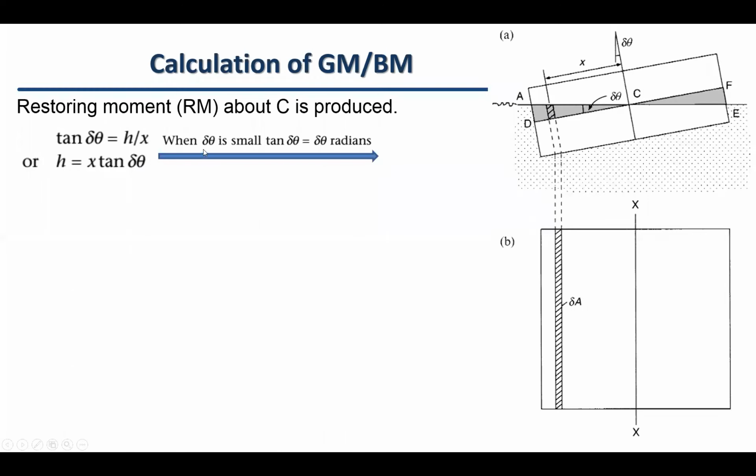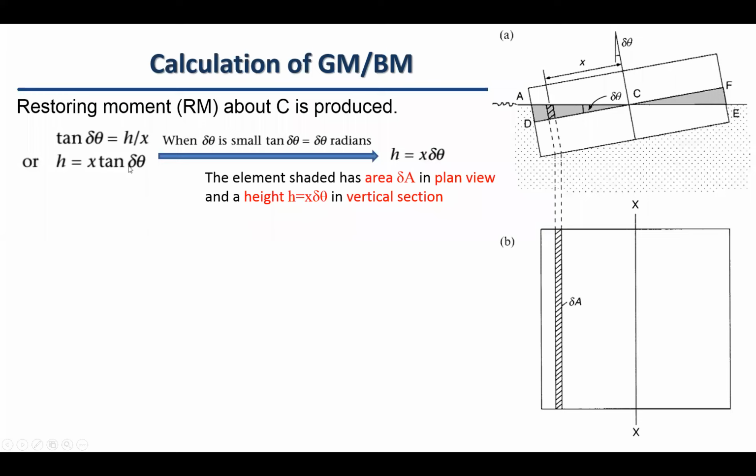Once the angle delta theta is very small, as is the case for us, you can assume that tangent delta theta is equal to delta theta in radians. So substituting tangent delta theta by delta theta here, we can easily write h is equal to x delta theta.